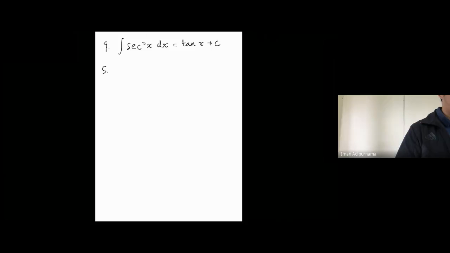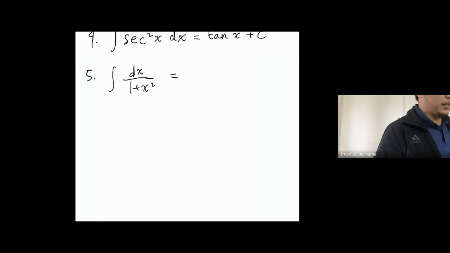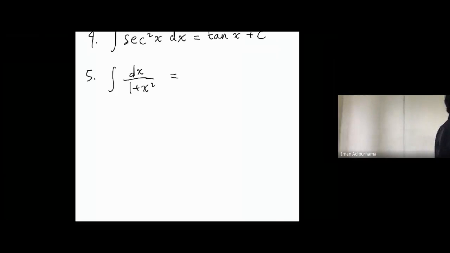And then the other one, I think this is common. Let's say the x here. So you have 1 over 1 plus x squared. What function?